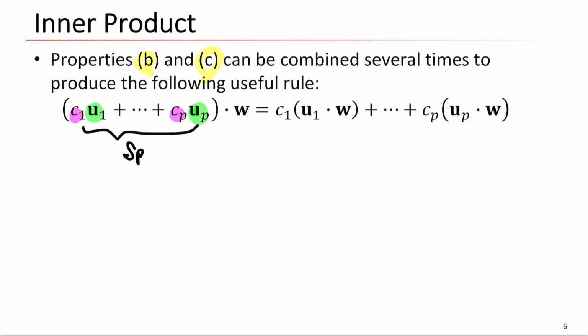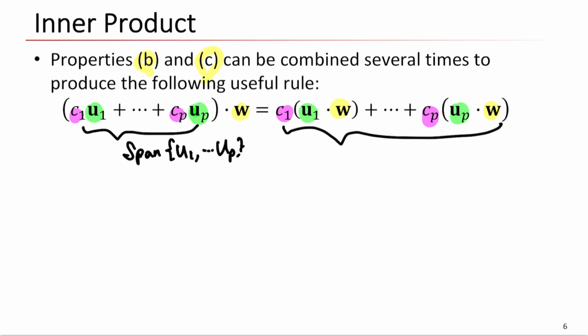This is actually the span of u1 through up, a linear combination of u1 through up. Then the inner product of this vector with a vector w is equal to c1 times the inner product of u1 and w, through cp times the inner product of up and w.